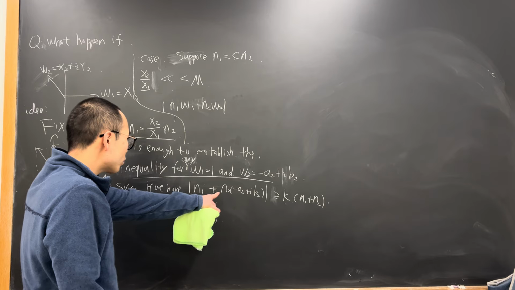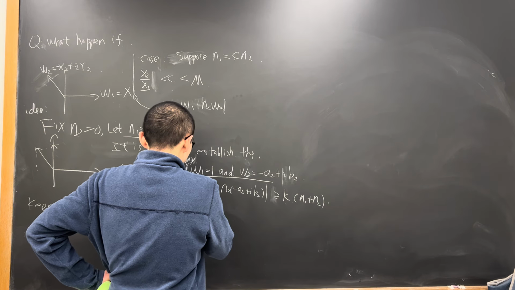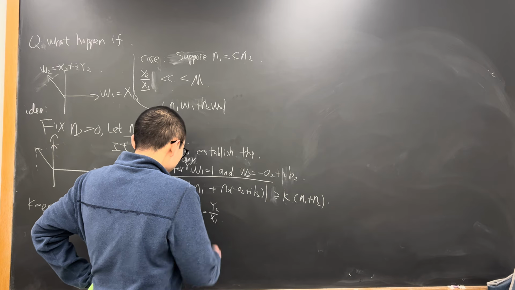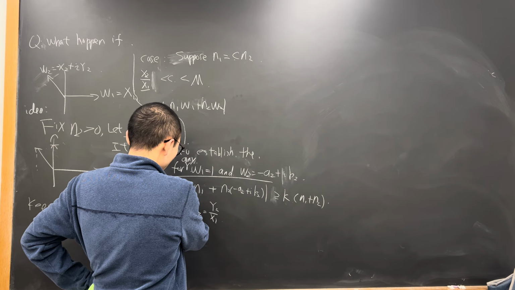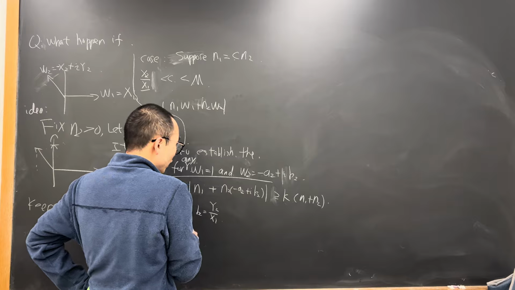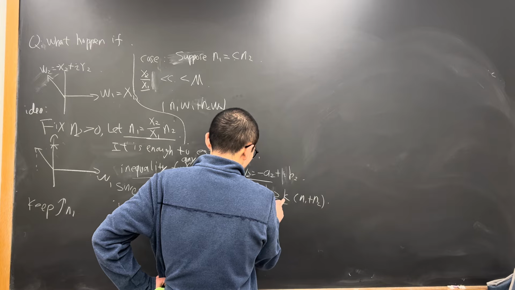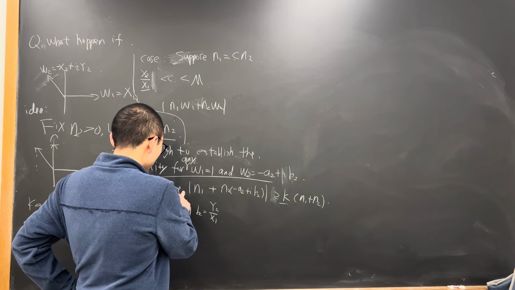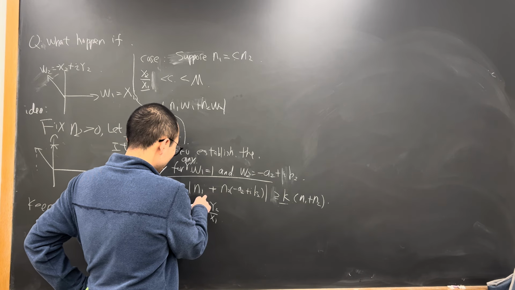Once you do that, you bring the a2 and b2 in there, and on both sides you multiply by x1. Then this constant becomes x1 times k, which is also a positive constant.